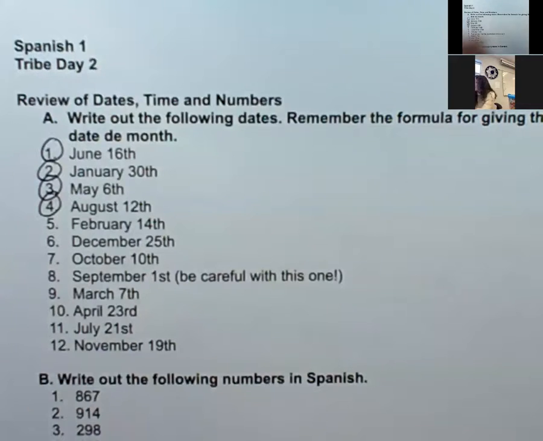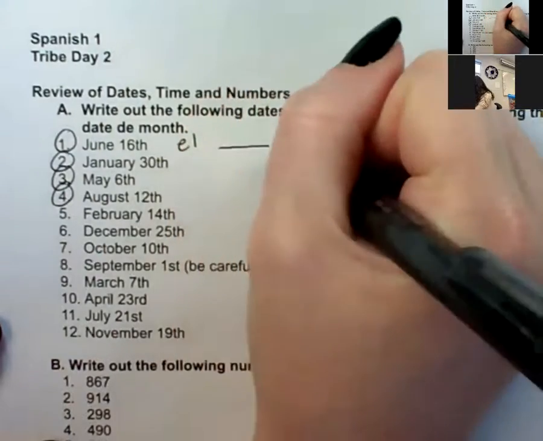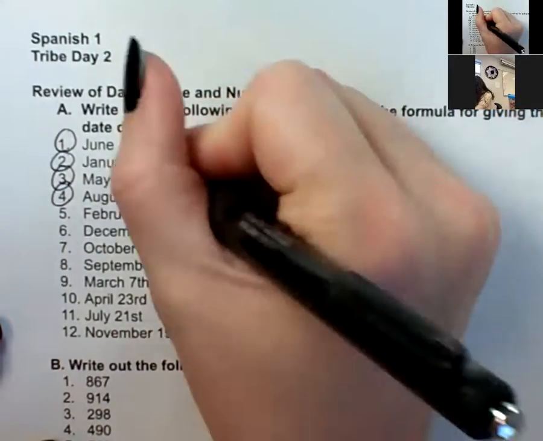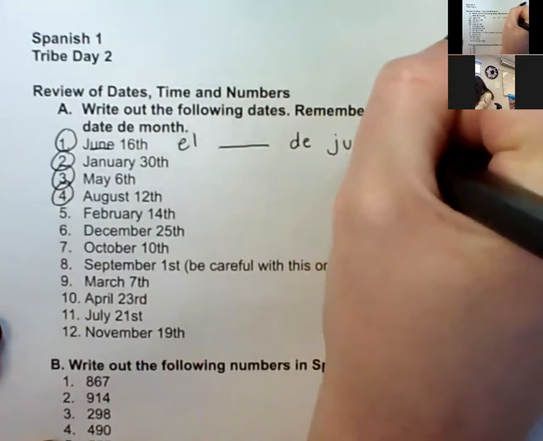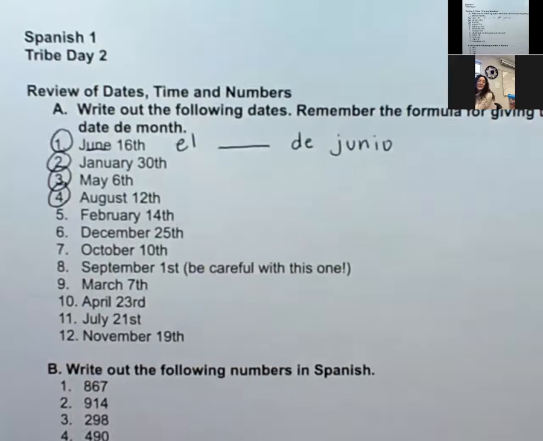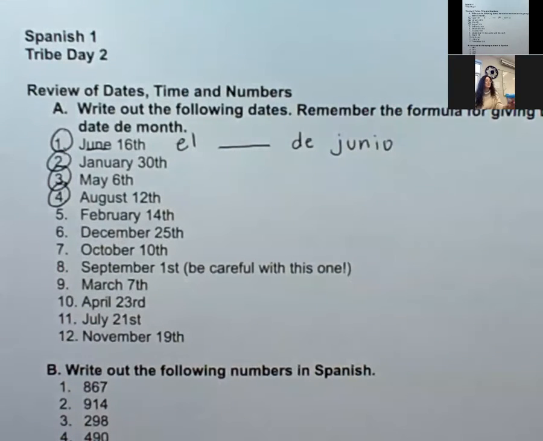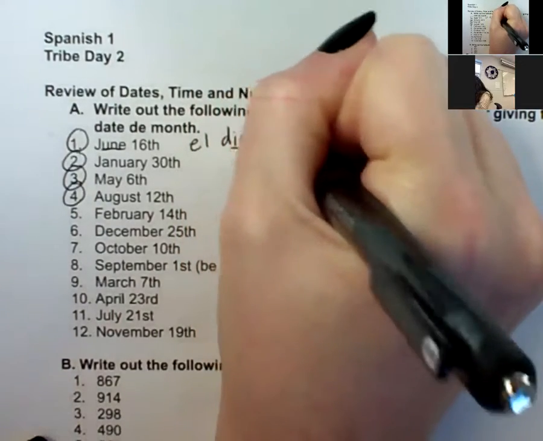So if we follow our formula, we have L, then the number, day, and then the month. So June is going to be junio. So who can type it in the chat? How am I going to say 16 in Spanish? How am I going to fill in this blank? Emma, great job. That was quick. El 16.